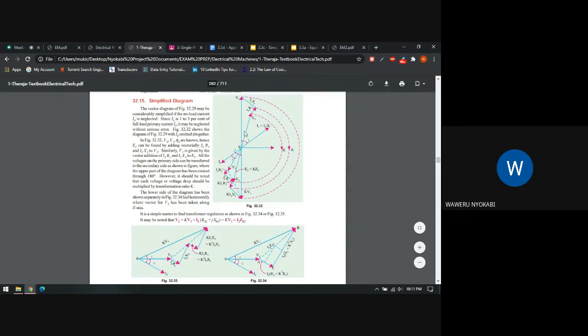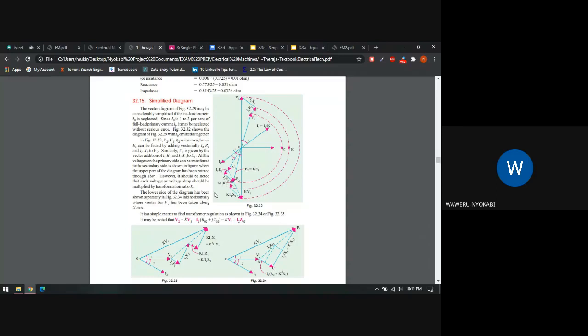Remember our phase diagram, we can now mirror everything on the primary side to the secondary side. So that's what it helps with. And from there, you use this to get the approximate voltage drop, the actual voltage drop, and then you continue with your analysis.